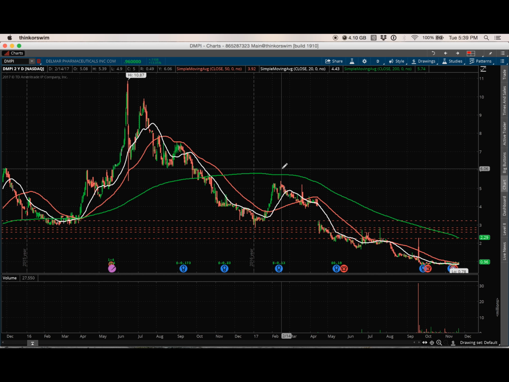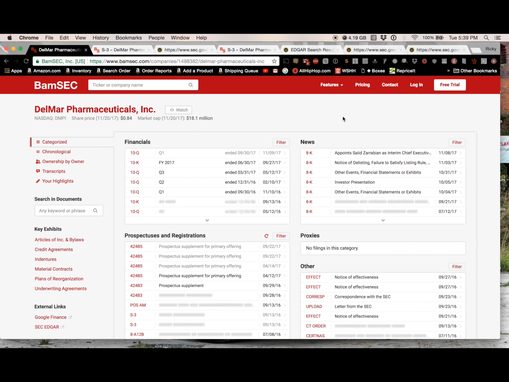Use that as a starting point for determining whether or not a company is going to be under those baby shelf restrictions. If they are, then you can look at their most recent shelves and you can usually determine how much money you can expect them to raise based off what they've raised in the last 12 months and what their max raise is. So hopefully this has been helpful.